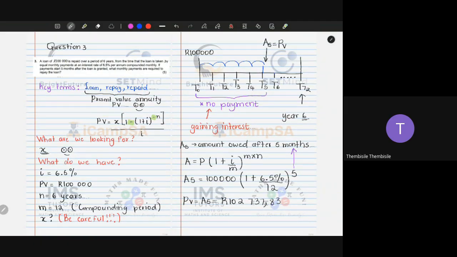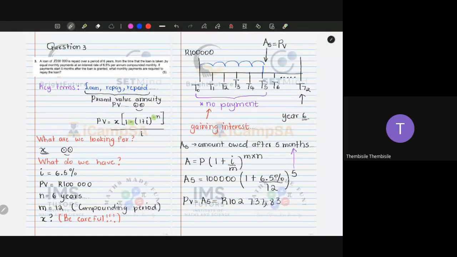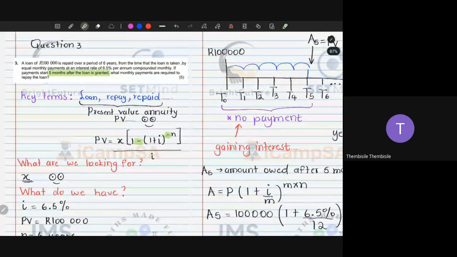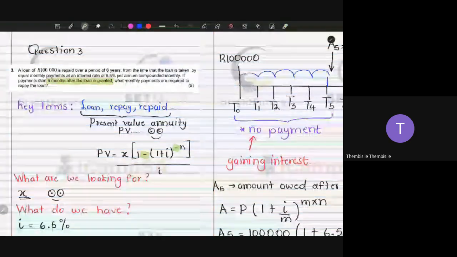Okay. If that is the case, guys, I need us to quickly go back to what is happening. So we borrowed 100,000 from the bank and we didn't pay for 5 months. So if equal payments will start 5 months later, the bank is not there to like us. The bank is there to make money. So if you delay paying them, the money becomes bigger with time.